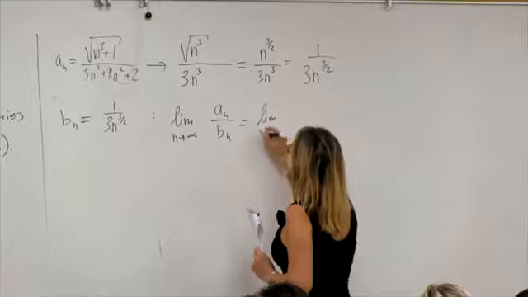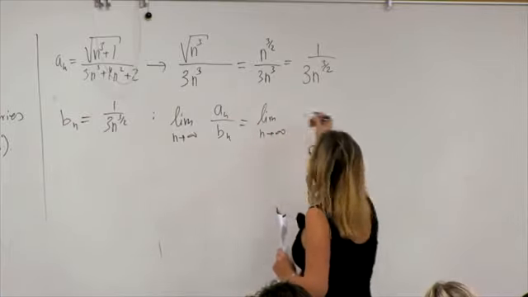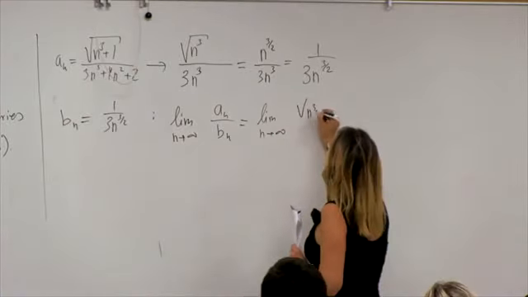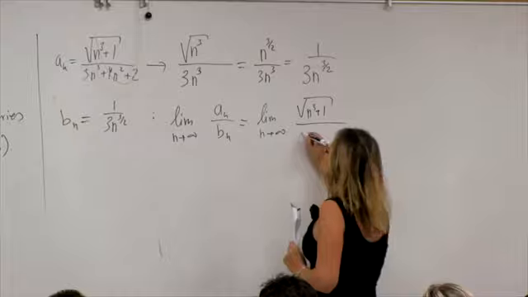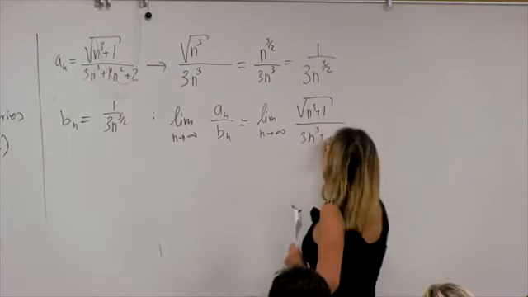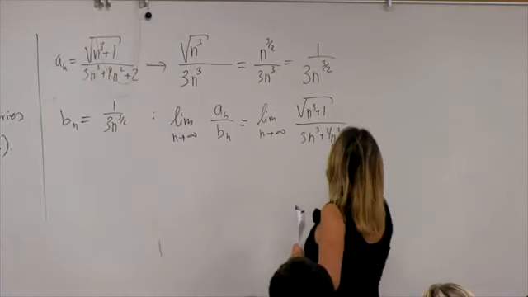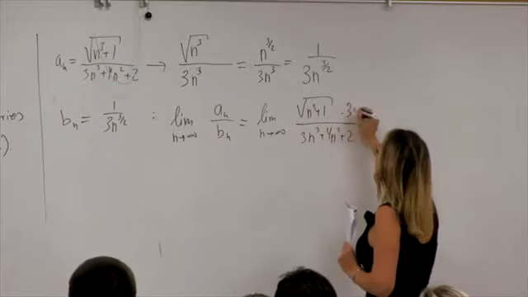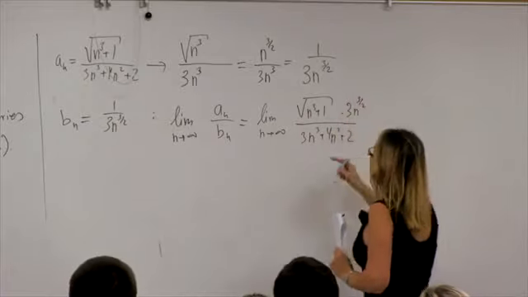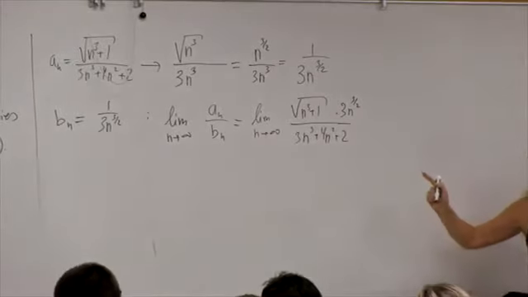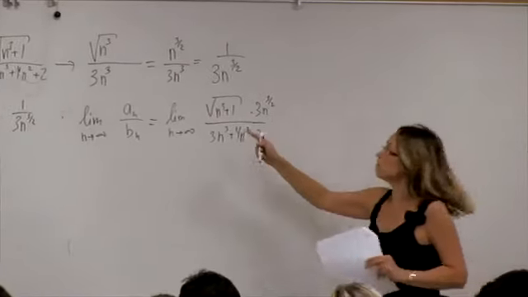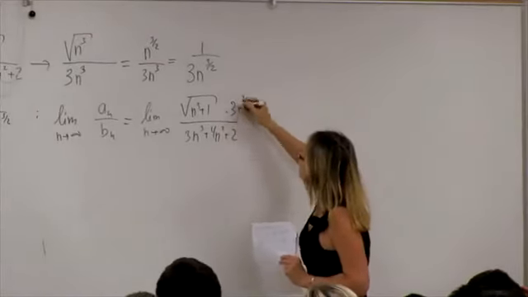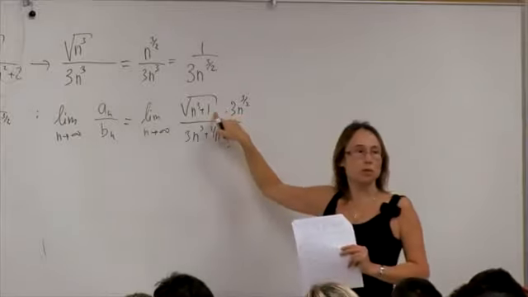So we write down the whole thing: the square root of n cubed plus 1 over 3n cubed plus 4n squared plus 2. This is a_n. b_n is this, so I have 3n to the 3/2. Before I take the limit, I'm going to simplify it by bringing this guy under the square root.